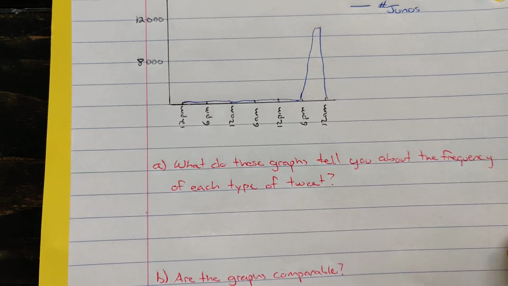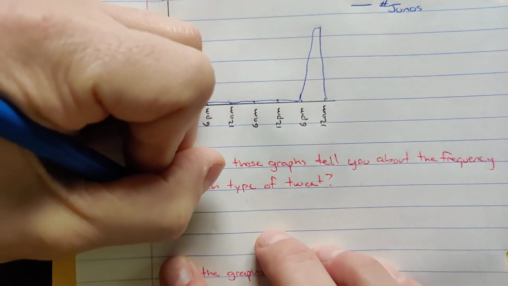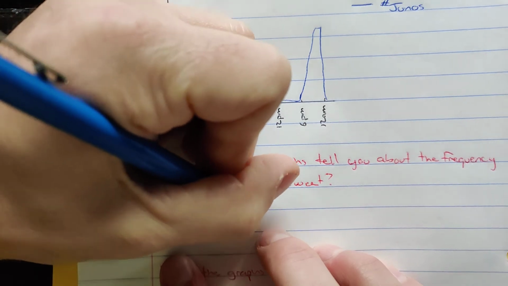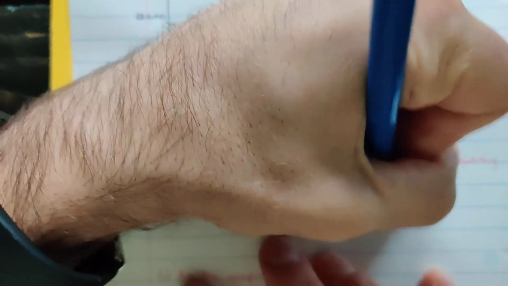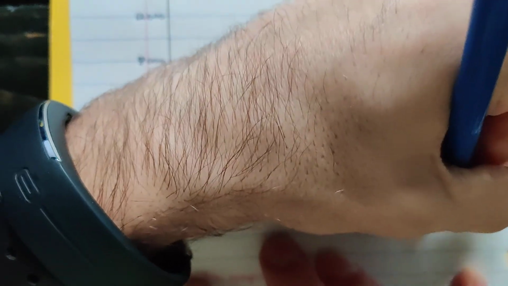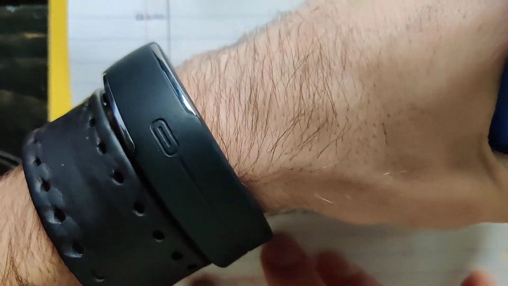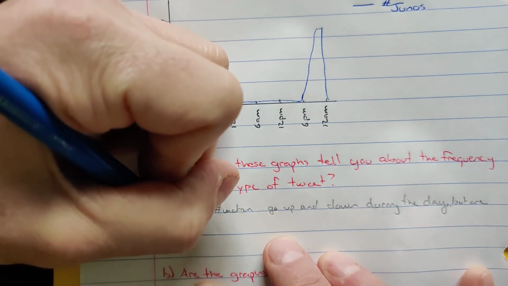So first question, what do these graphs tell you about the frequency of each type of tweet? Well, hashtag math and hashtag vacation go up and down during the day, but are relatively low.